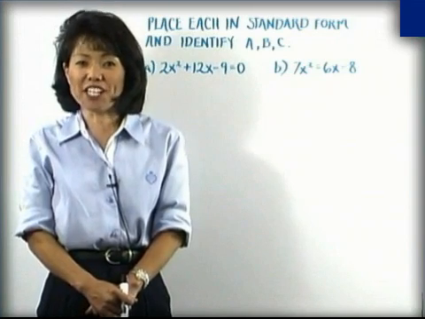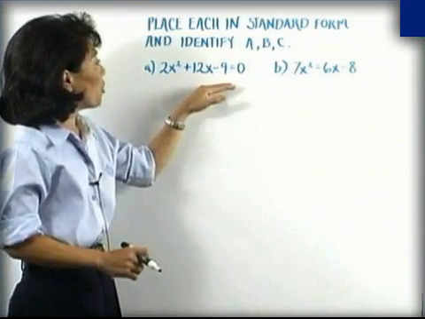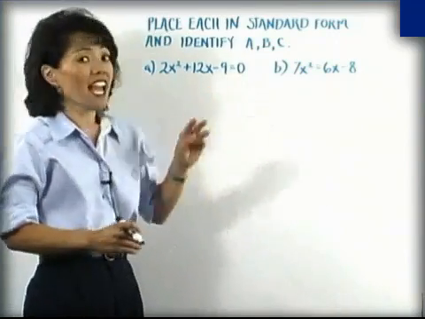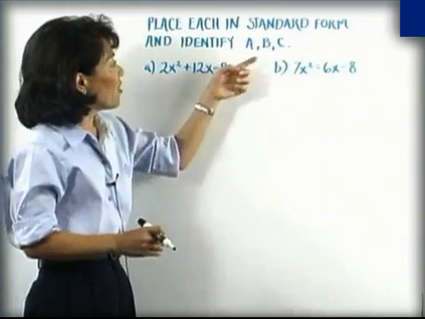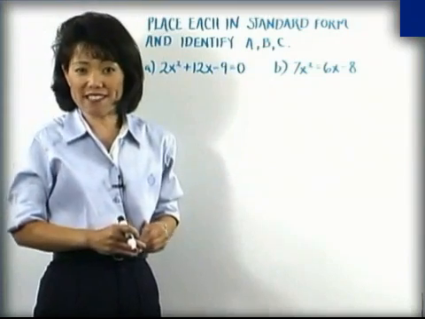Let's look at our first quadratic equation. We're going to place each in standard form and identify the variable, identify A, B, and C. Before we can identify A, B, and C, we have to recall what standard form is.